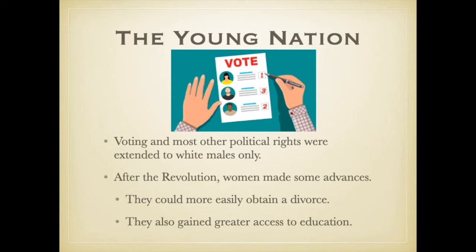The Young Nation. Voting and most other political rights were extended to white males only. After the Revolution, women made some advances. They could more easily obtain a divorce, and they also gained greater access to education.